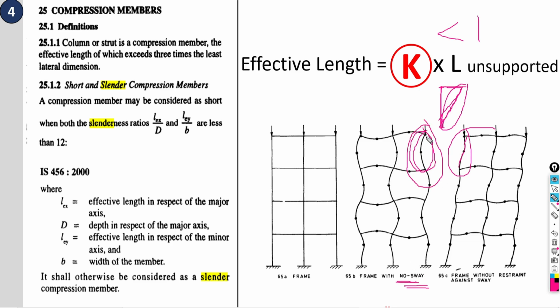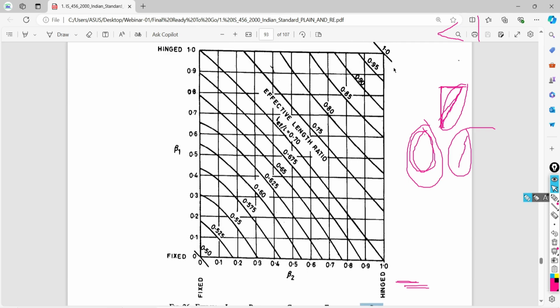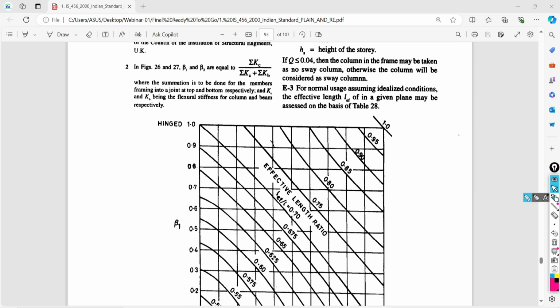So when you come to this table again, see, for the no sway, the maximum value of the effective length factor will be 1. You will never get an effective length factor more than 1, because there is no chance of extension in the length of your column. Hope that is clear to all of you.